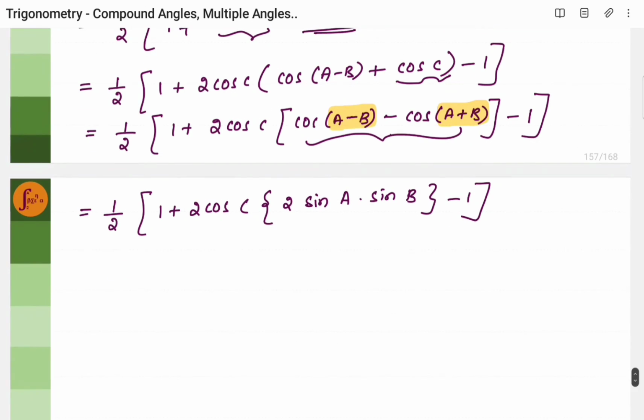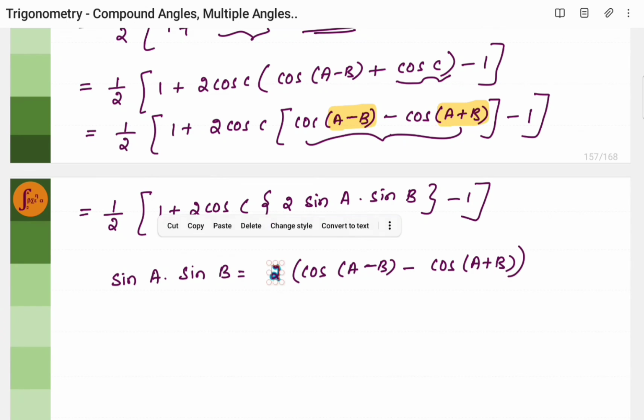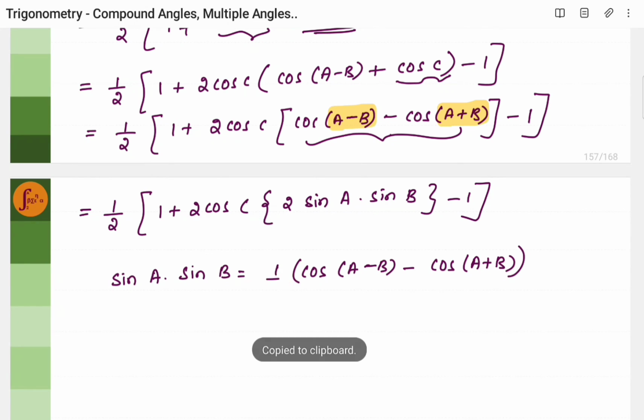The formula is 2 sin A sin B is equal to cos (A − B) minus cos (A + B). This is the formula. It is not 2, it is half when written the other way; now I've shifted 2 this side, so it will become 2 sin A sin B = cos (A − B) − cos (A + B).